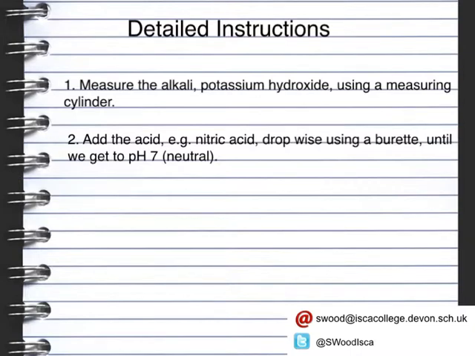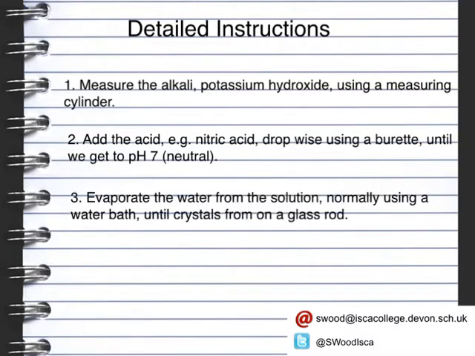Our third stage is to evaporate off the water from the solution. We can do this in two ways: slowly or quickly. If we do it slowly, we can just leave the water to evaporate naturally. We can do it quickly by putting it directly over the top of a Bunsen, and we can leave a glass rod in the evaporating basin to allow it to form the crystals.